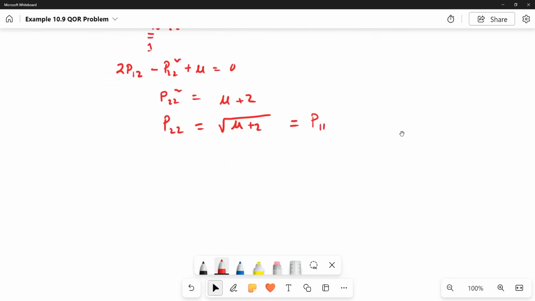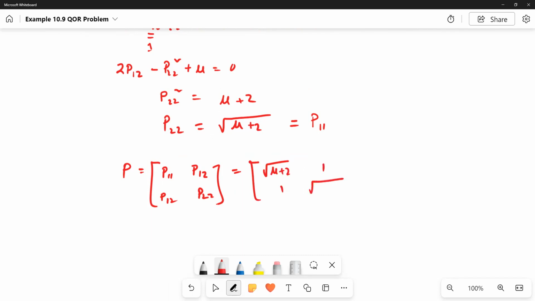So the matrix that we are looking for is the P matrix, which is P11, P12, P21, which is also P12, and P22, becoming square root of mu plus 2, 1, 1, square root of mu plus 2.